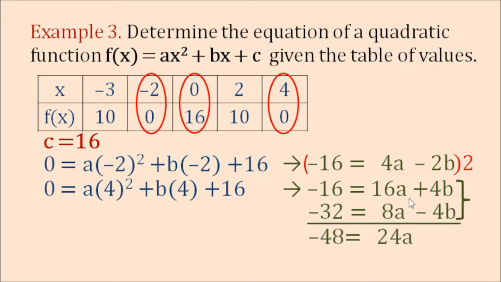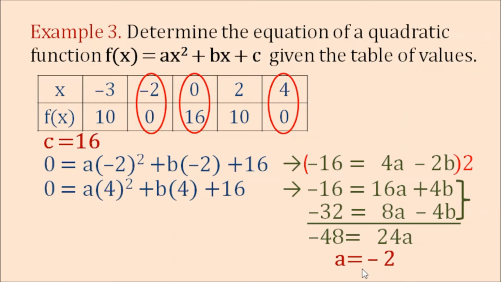And then 16a plus 8a equals 24a. And this 4b and -4b cancels out. So if -48 equals 24a, that means a is -2.